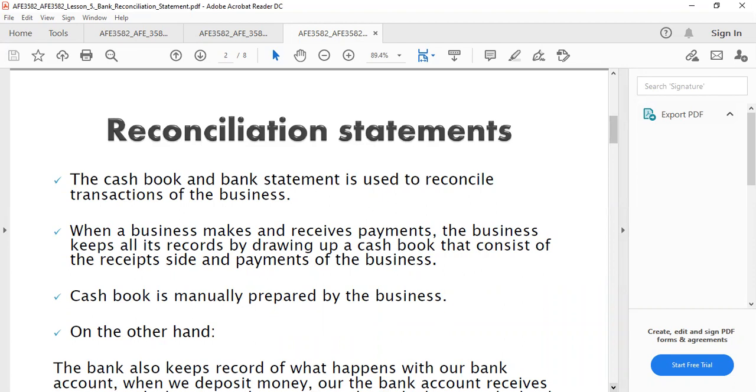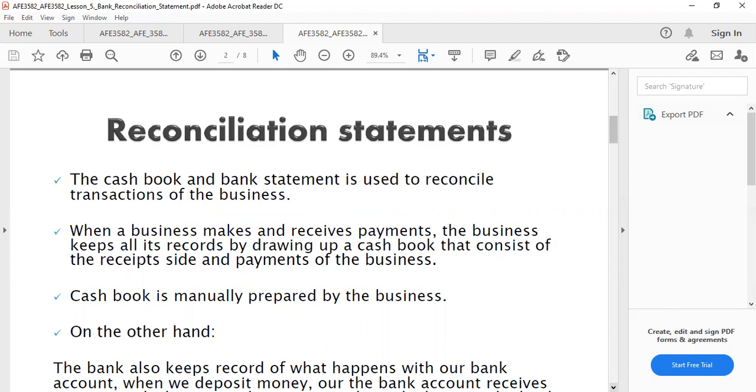In that bank column, you record all the deposits made into your bank account, and also all checks received. And all bank transfers or checks paid out, you record them in your cash book as well on the credit side.